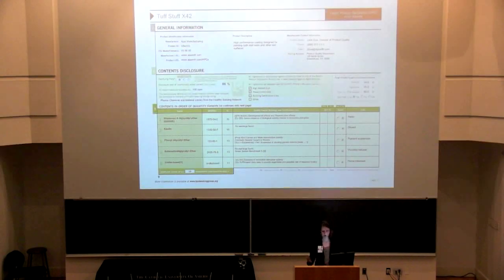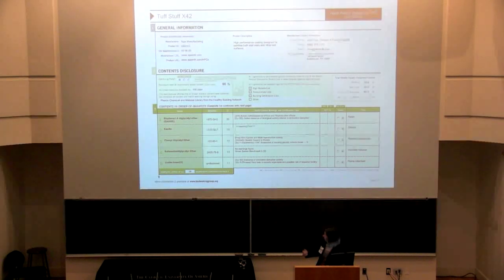Just to give you a look, if you haven't seen a Health Product Declaration before, this is an example of one. We have this list along the left-hand side of the different ingredients, and of course, as Larry said, there's an allowance for not disclosing the ingredient but instead simply disclosing its health hazards, if you'd like that to remain intellectually protected.